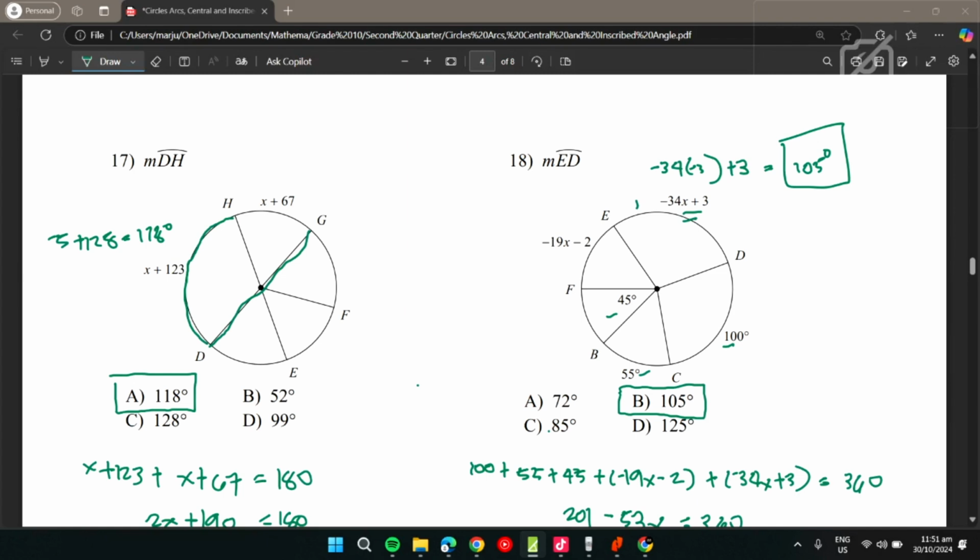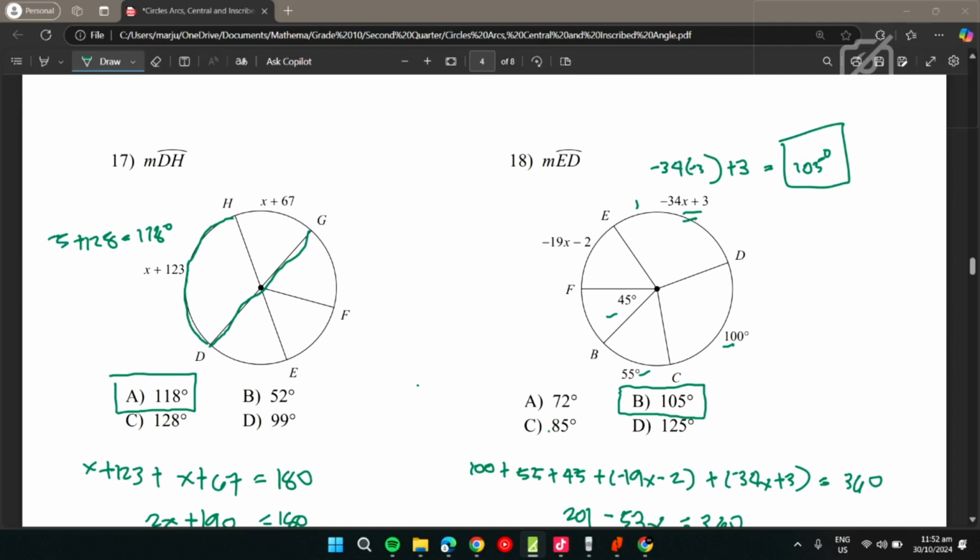This is circles. Let me just create another worksheet. Circles, Grade 10, second grading. This will be the last one, and then we'll have our lunch.